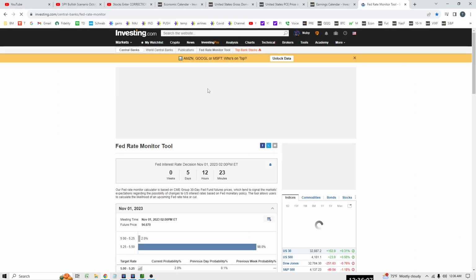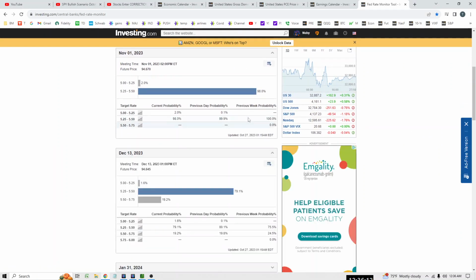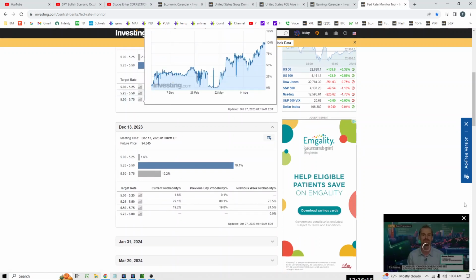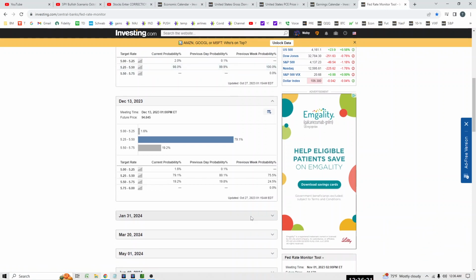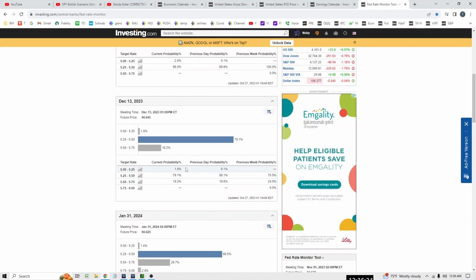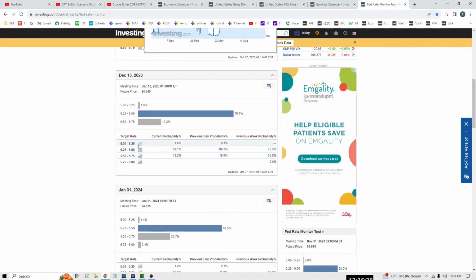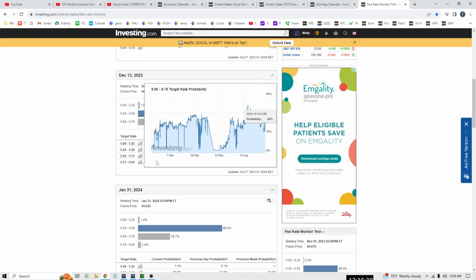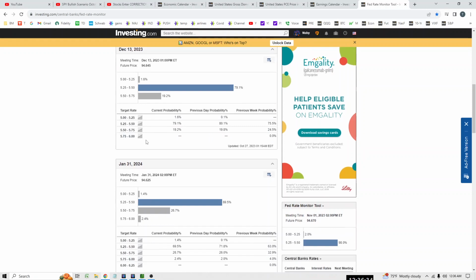or his not moving the Fed rate. So let's take a look at the Fed rate monitor. And again, these rates are no longer important. It's a sure given thing that there will be no rate hike. So going forward, people are really monitoring the next two, right? The cut and the prolonged.